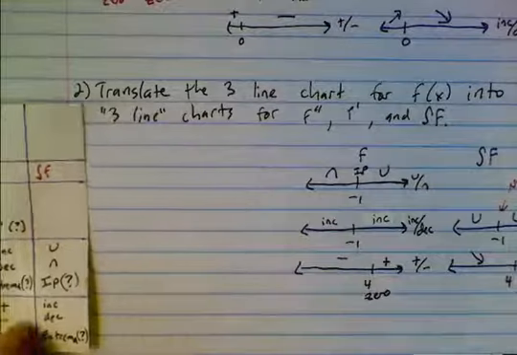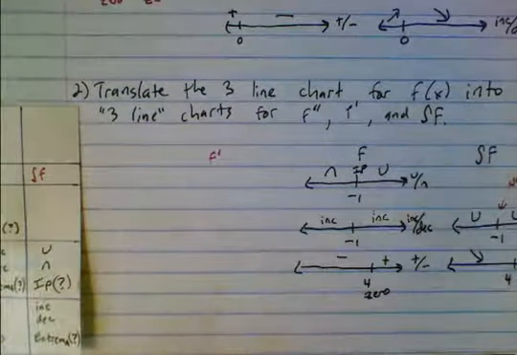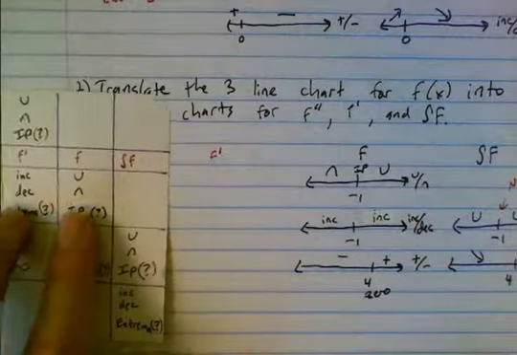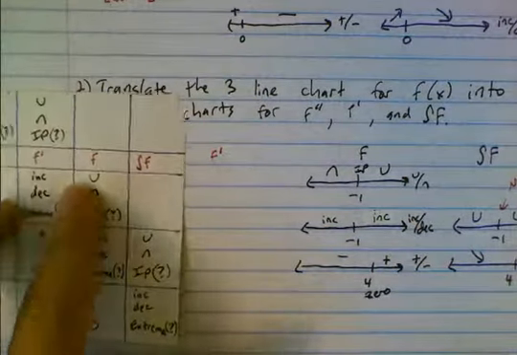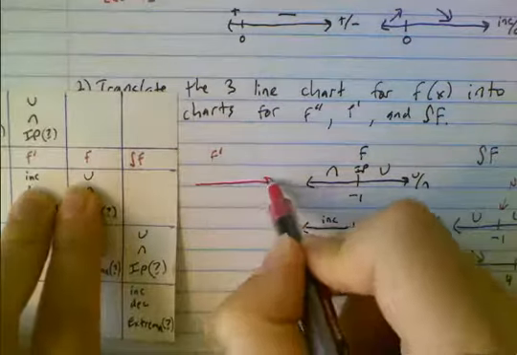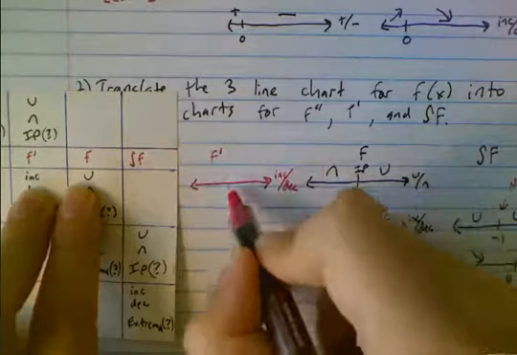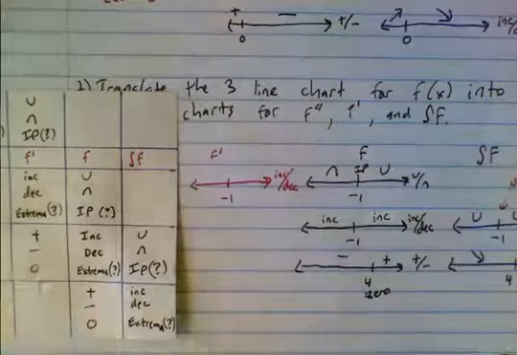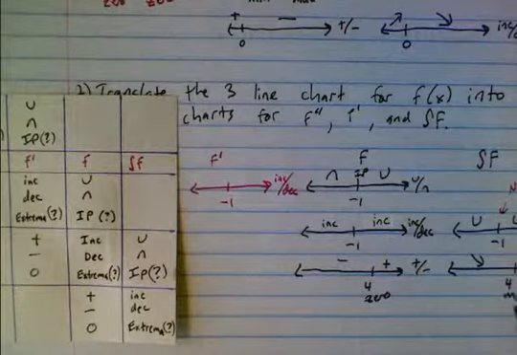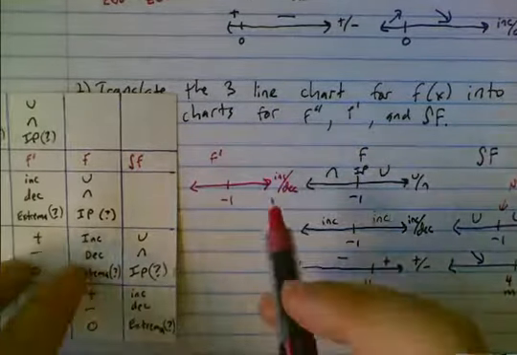Going the other way, f prime. So we know that for f of x, concave up, concave down, translates into increasing, decreasing. Oh, I should have marked over here, there is a 0, or increasing, decreasing, there is a minimum here, even if there wasn't an inflection point up here.